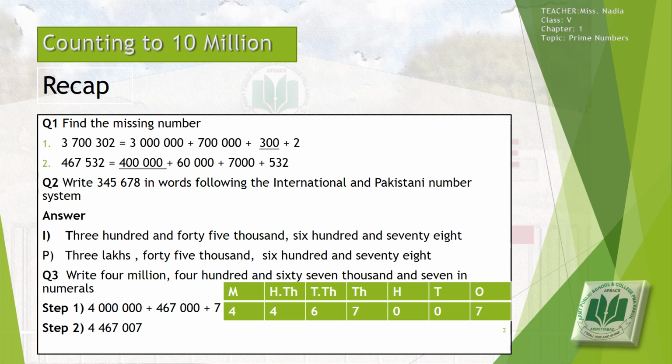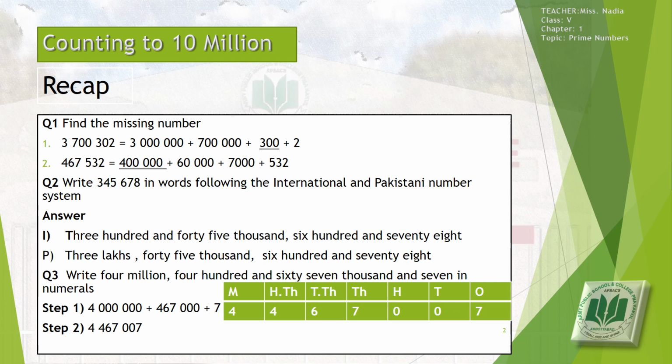Our third question is write 4,467,007 in numerals. As it is a 7-digit number, first draw 7 boxes and write the place value in each box. That is ones, tens, 100, 1000, 10,000, 100,000 and million. The digit 4 is in million place, so we will put the digit 4 in the million box.